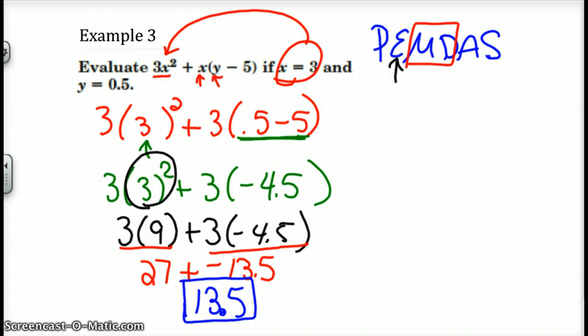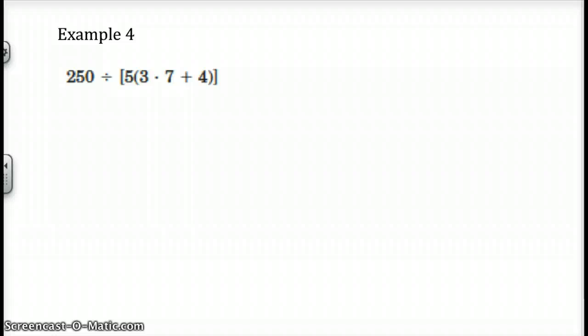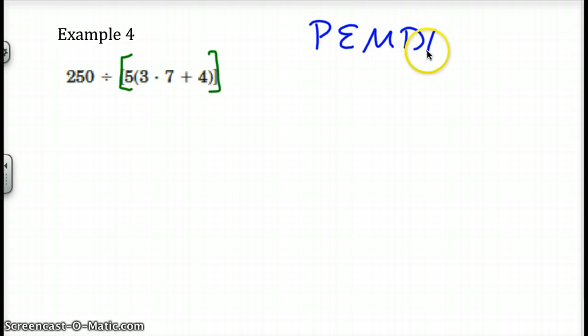All right, let's take a look at our last example, which is example number 4. So I have 250 divided by, I have a bracket here, 5 times the quantity, 3 times 7 plus 4. Let me get my visual again. Please excuse my dear Aunt Sally. So I'm looking for my parentheses.